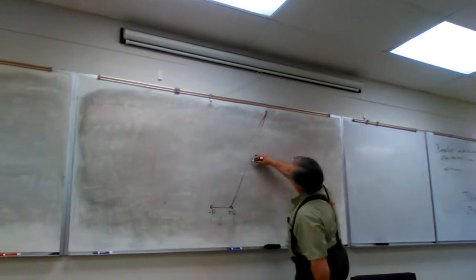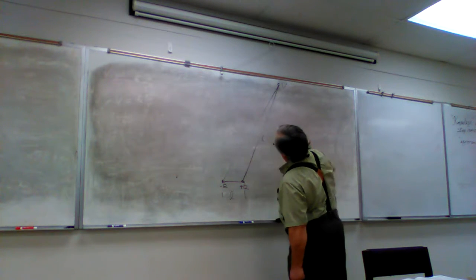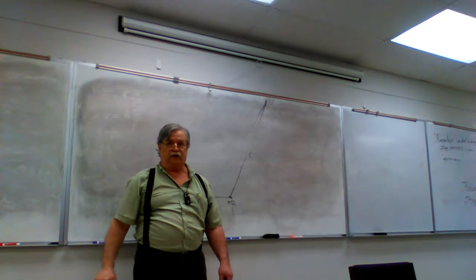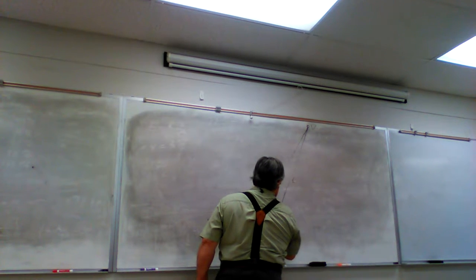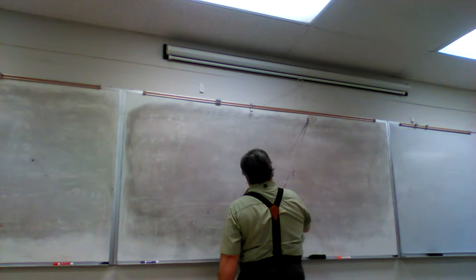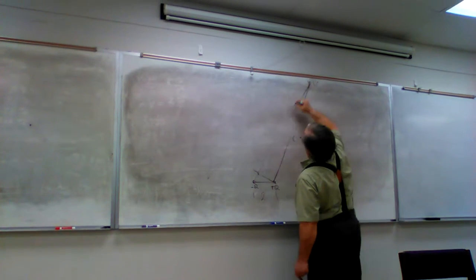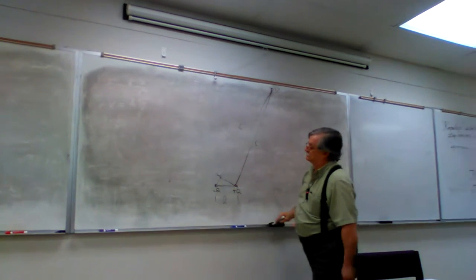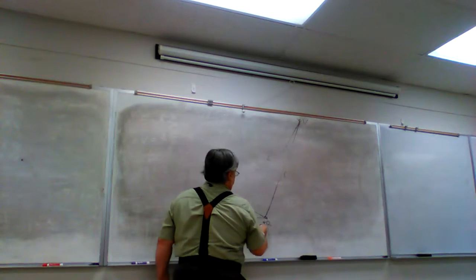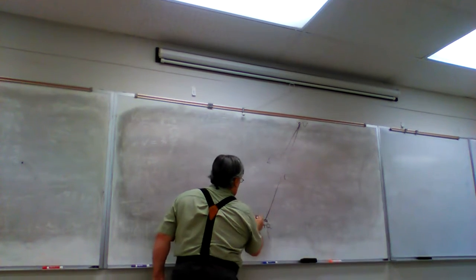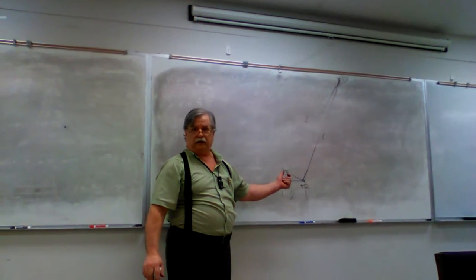And now we're going to call this distance from the positive charge to the potential point R. That's our distance, R. Now that means the distance from here to here is also R, plus this extra little distance. Now that's a right triangle, which means L is the hypotenuse of this little right triangle. Can everybody see?